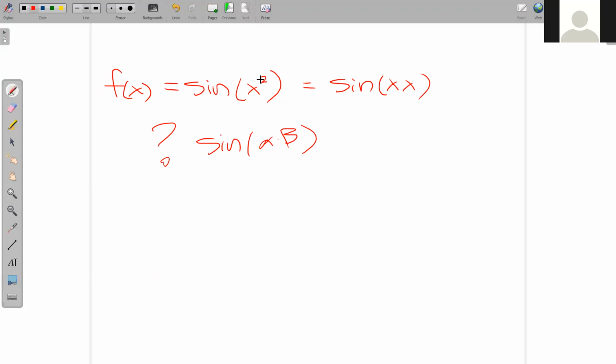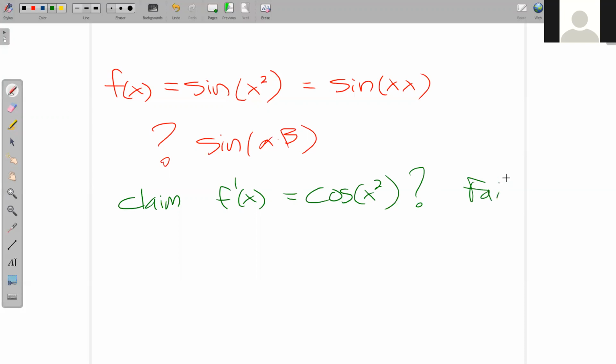How do we take the derivative with that there? Because if we try to claim that it's easier than it is, that f prime of x, the derivative of the sine, is the cosine of x squared, if we check that out, just like before, this is going to fail. This is more complicated. And we could graph a tangent line to see that that doesn't work. So what the heck do we do?